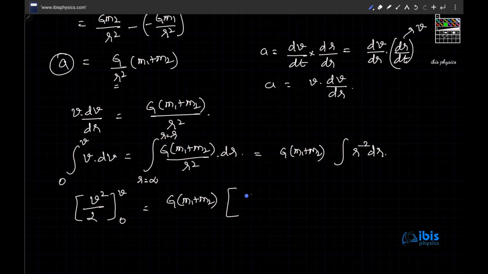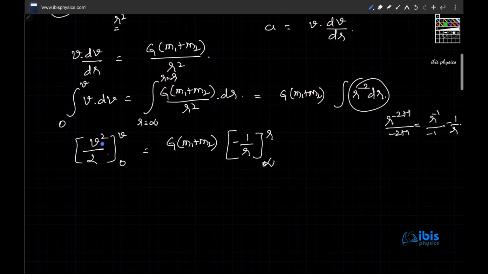When you integrate this, what you will be getting is r power minus 2 plus 1 by minus 2 plus 1, which is r power minus 1 by minus 1, which is minus 1 by r. So we are substituting that here, from infinity to r.